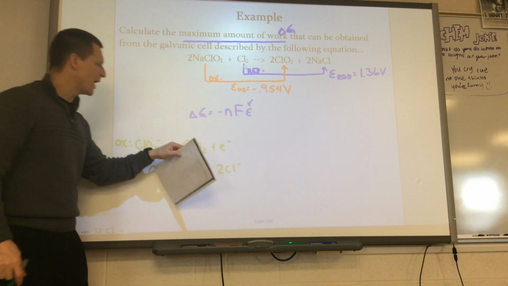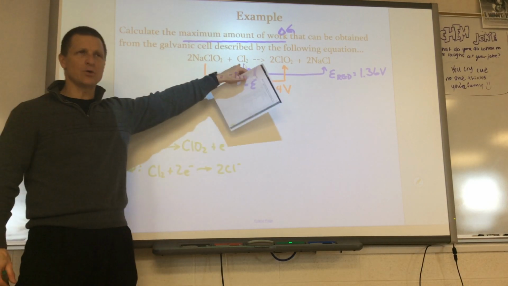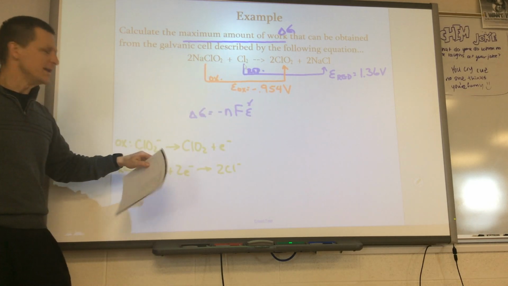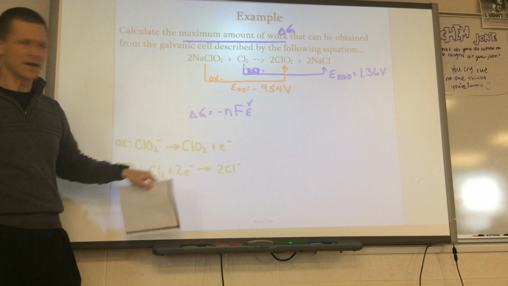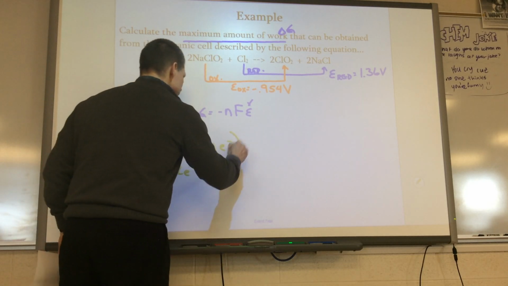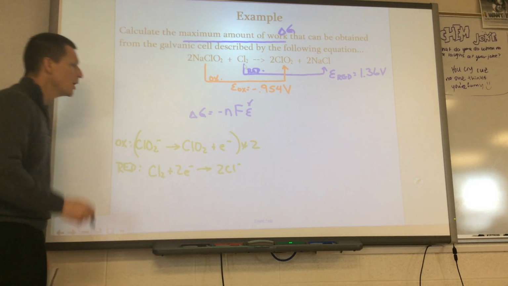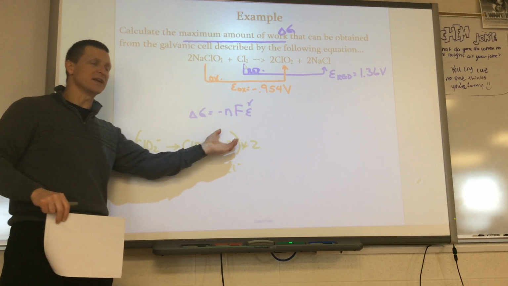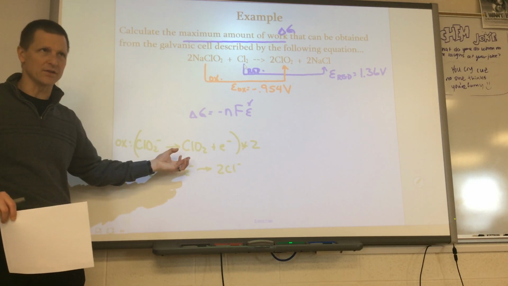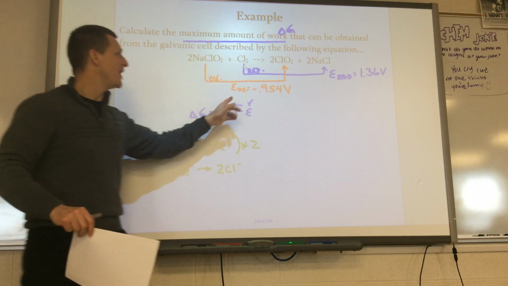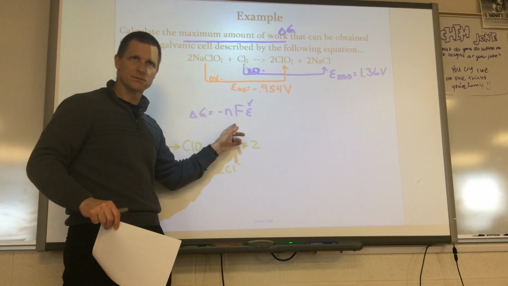What do I do when I want to add these two together to get that equation? Yeah, you need to have the number of electrons cancel out. Remember, we've done that a lot now. We have to multiply the top one by 2. When we do that, the oxidation is going to give off 2 electrons. The reduction is going to take in 2 electrons. Now I can add them together. That 2 electrons, that's our n value. That's not bad.